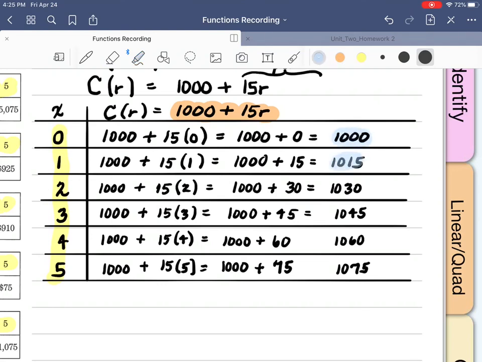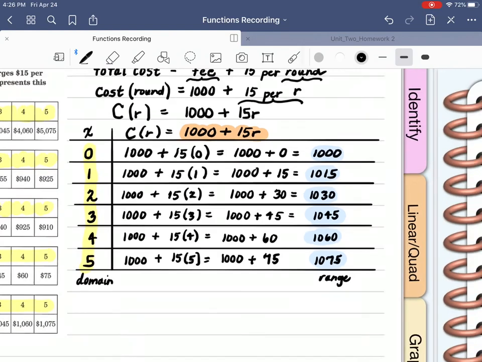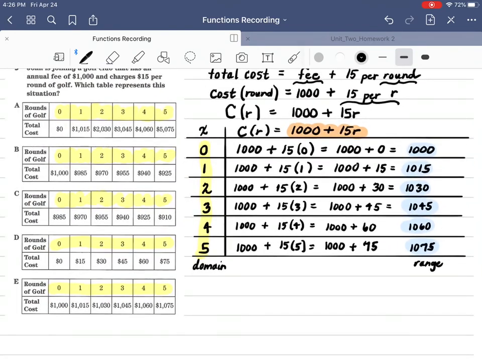Okay, so let me come back through and highlight my outputs. Because these are the bottoms of those tables we have to go back and compare to. We have to find a row of range that matches our range. Now remember, this is the domain. We need to match up the range that we just found. So when I look back at my table and I start running that range row, we didn't get anywhere near 5,075.